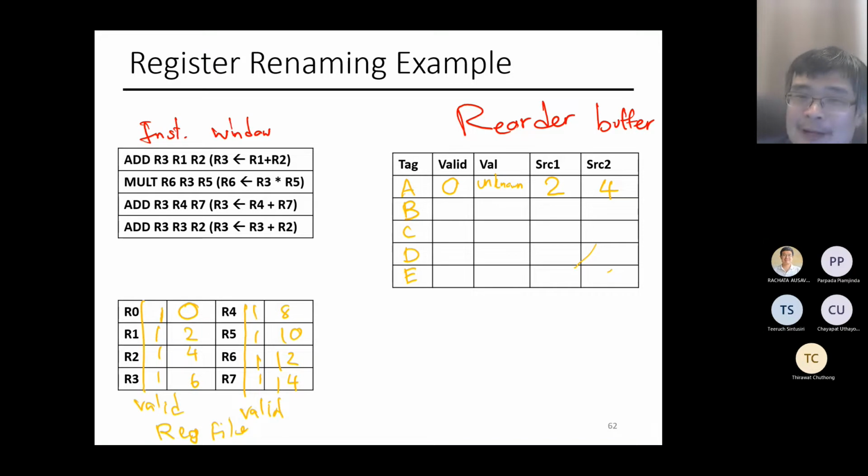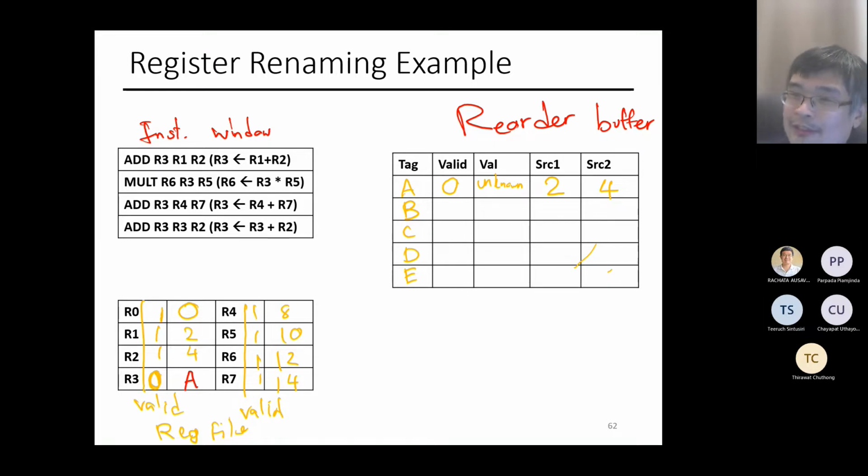You fetch multiply, and it also wants to write into R3. So R3 is not valid. You replace R3 with A using register renaming. Basically, this tells the CPU that if you want R3, you go look at entry A in the reorder buffer. That's the most updated version of my R3. Then you go to the multiply.